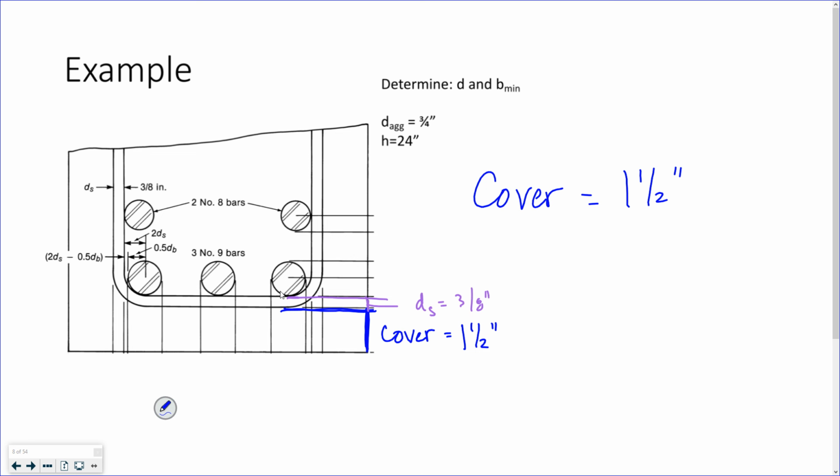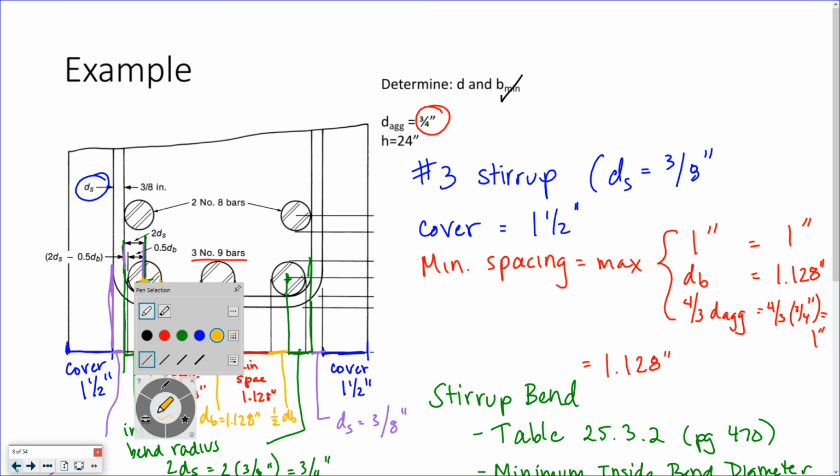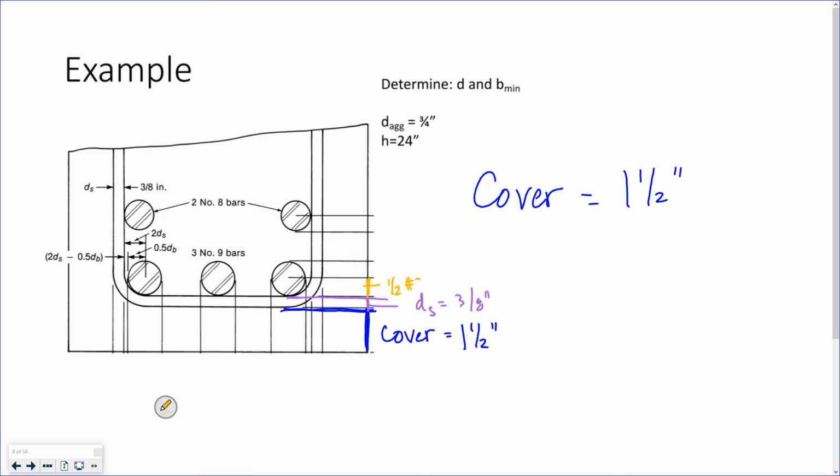Now this is where in the horizontal we took into account the bend diameter, the bend radius. Vertically, it's just resting, right? It's just resting. So the distance from here to here is just half of a number 9.